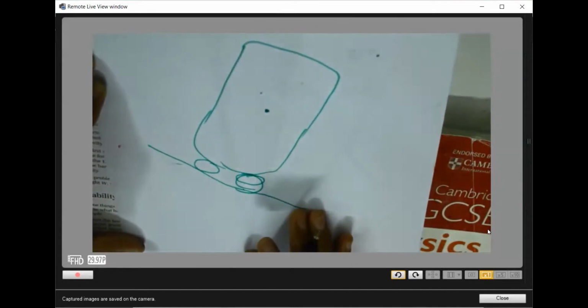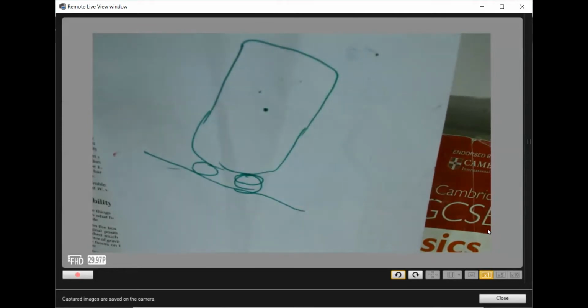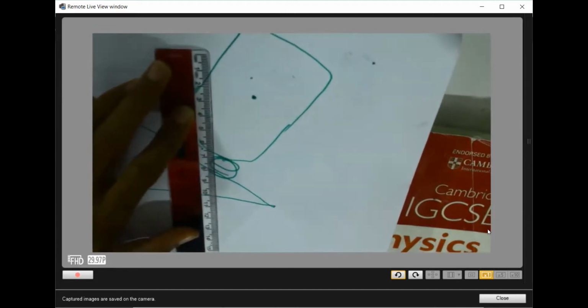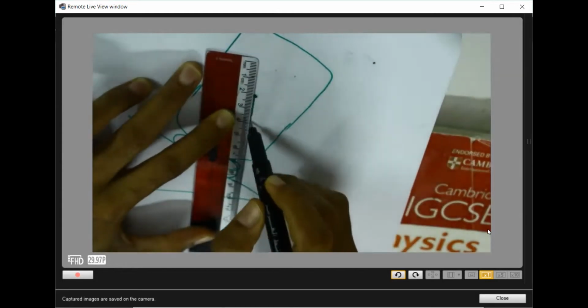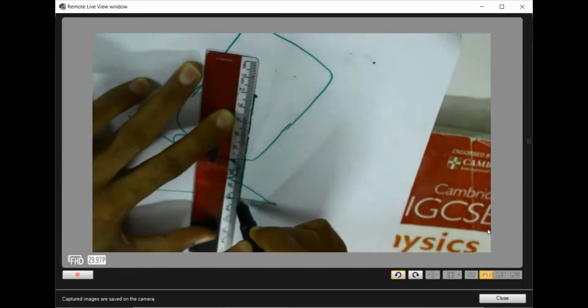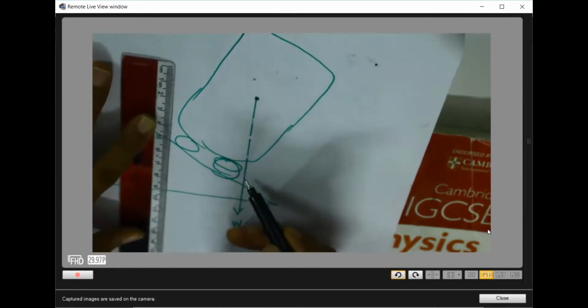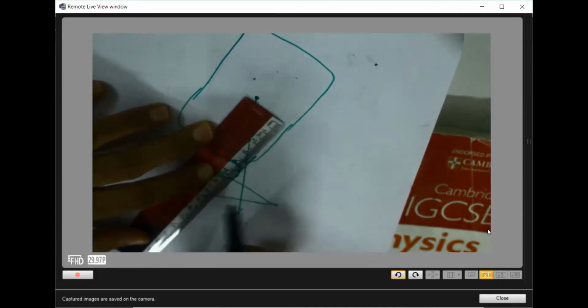Now, how will you decide if it will tilt or not? For that, for example, this is the horizontal. Now, this is the weight. Look at the line of action of weight. What is base? Base is from here. This is base.